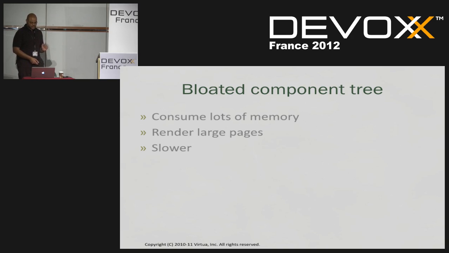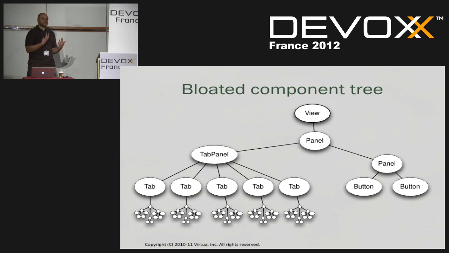Another issue is that this may render a very large page, okay? And by that, what I mean is that the actual markup that's being sent to the web browser could be very large, okay? So depending on how you design your page, when you have something like this, the server may be sending all of these tabs to the web browser even though they're not all being seen at the same time, right?